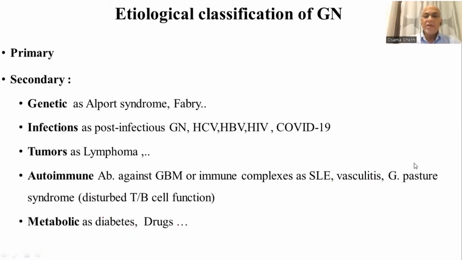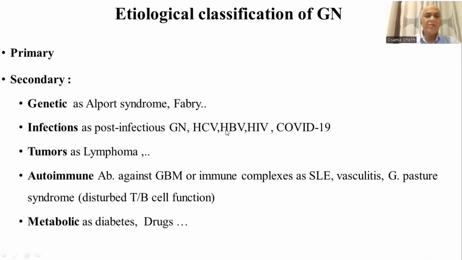Etiologically, if the cause is not identified, this is primary glomerulonephritis. But if it is identified, this is secondary glomerulonephritis. And this is applicable even for the different types of glomerulonephritis. So the secondary cause could be genetic, like Alport syndrome and Fabry, or infections and other causes.